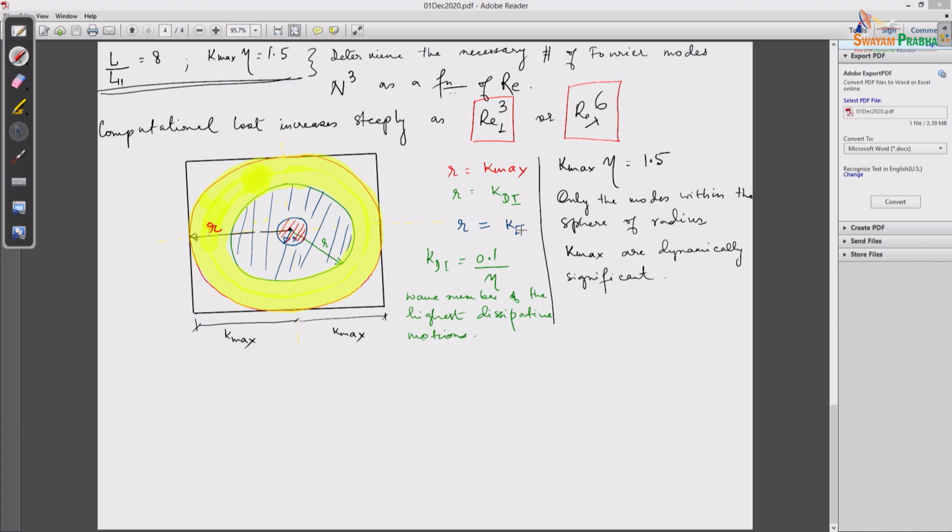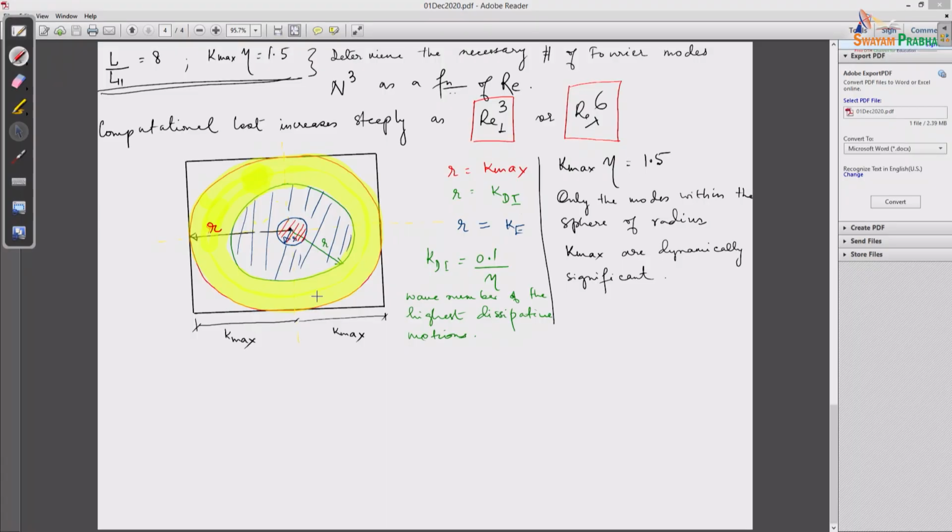So the maximum energy containing modes are right there. This is the domain that we are looking at, and our job is to calculate all these motions. What we are realizing is that if I take this domain, a sphere of radius K max, I don't have an even distribution of motions. Kolmogorov's length scales become very important, and also how energy is being transferred.